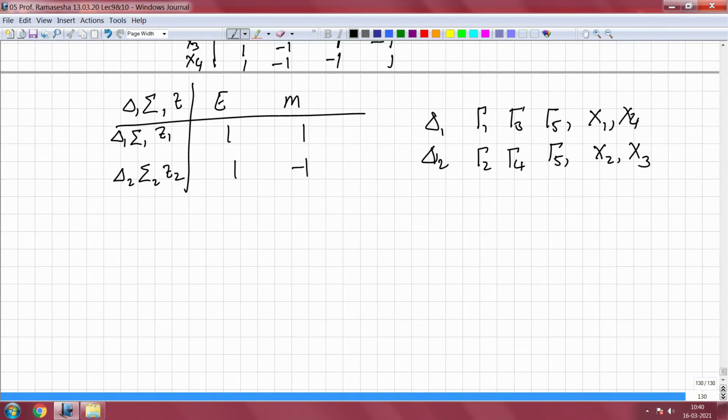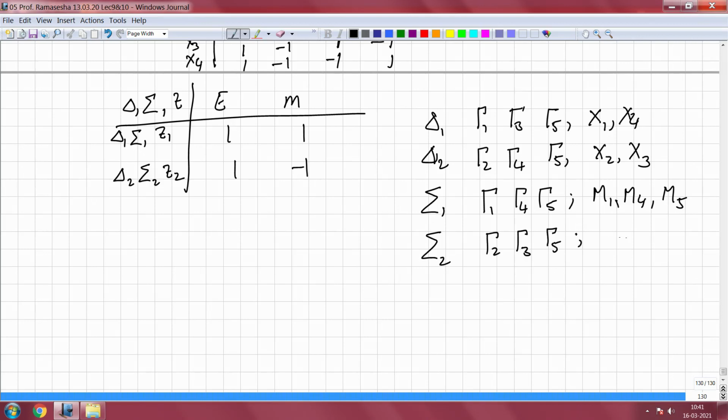Similarly, we will have sigma 1 and sigma 2 compatibilities. Sigma 1 will be compatible with gamma 1, gamma 4, gamma 5, and M1, M4, M5. Sigma 2 will be compatible with gamma 2, gamma 3, and then gamma 5, and then with M2, M3 and M5.